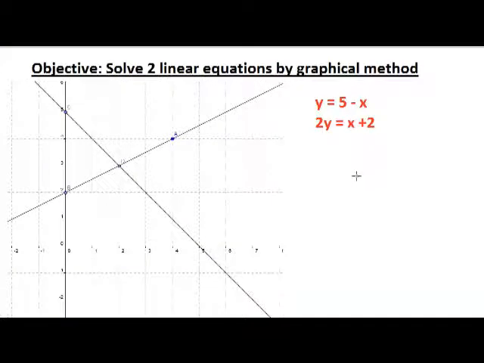And this is what we can see. So, the line that crosses A and B is represented by 2y equals x plus 2. And the line that passes through C and D is represented by y equals 5 minus x.